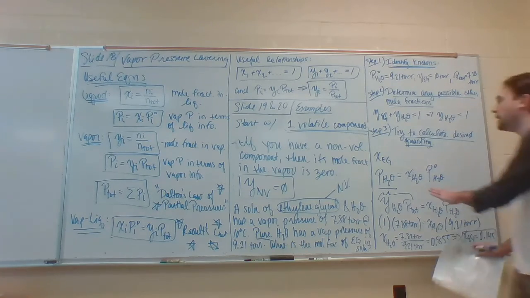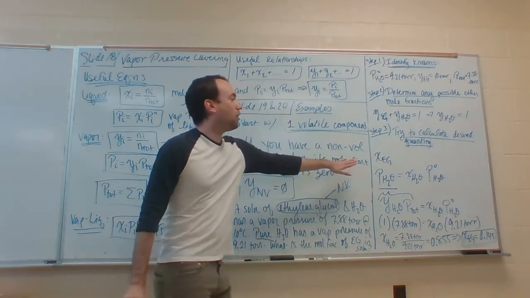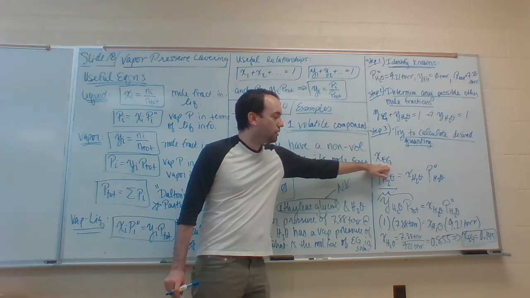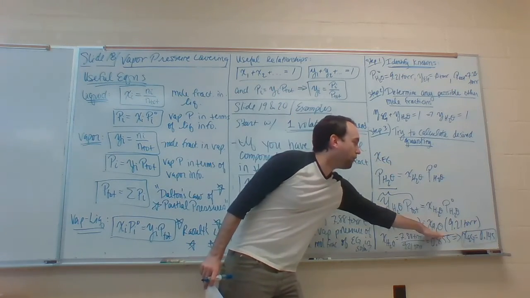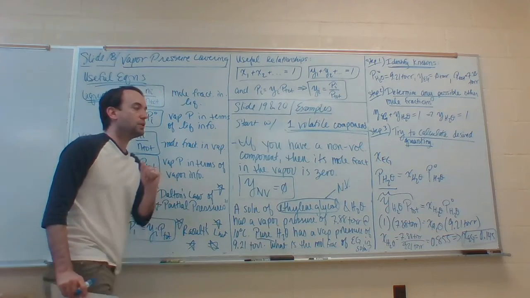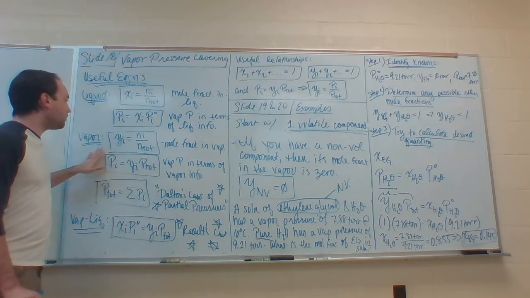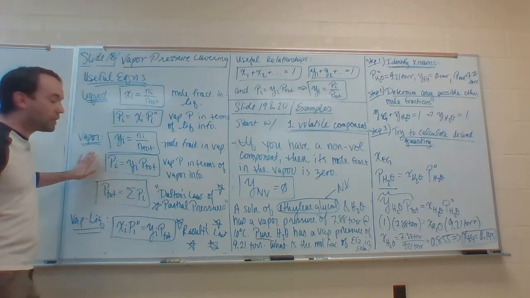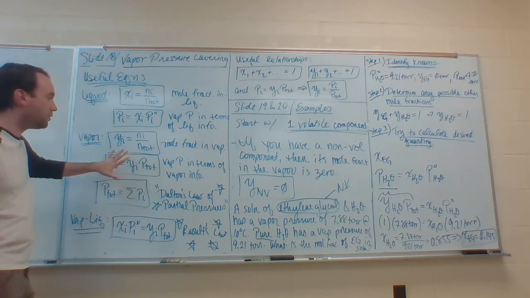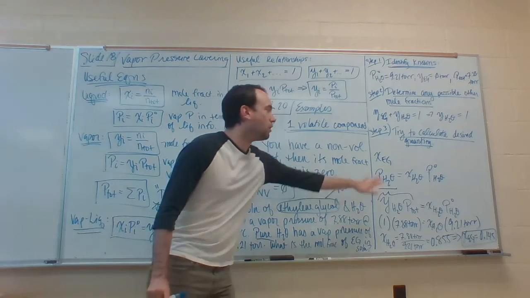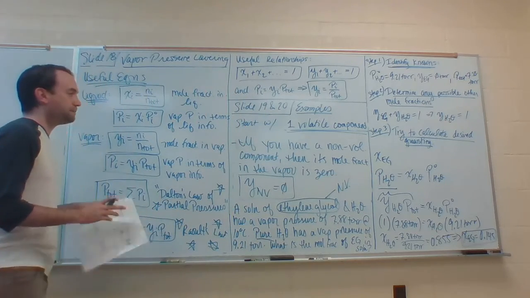So as you can see, even though we didn't have enough information to solve for the ethylene glycol directly, we could solve for our mole fraction of water, and then from that, solve for what we didn't know. So sometimes you have to solve intermediate steps, solve for quantities that you can figure out, and then from that, solve for your unknown.